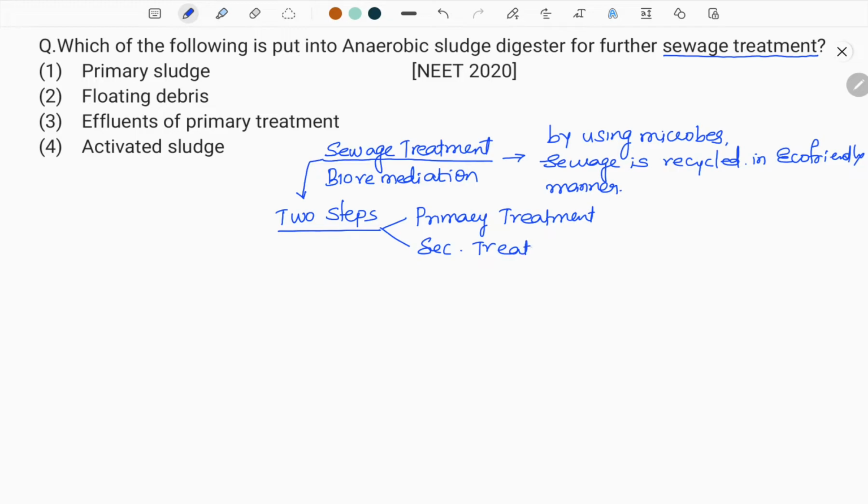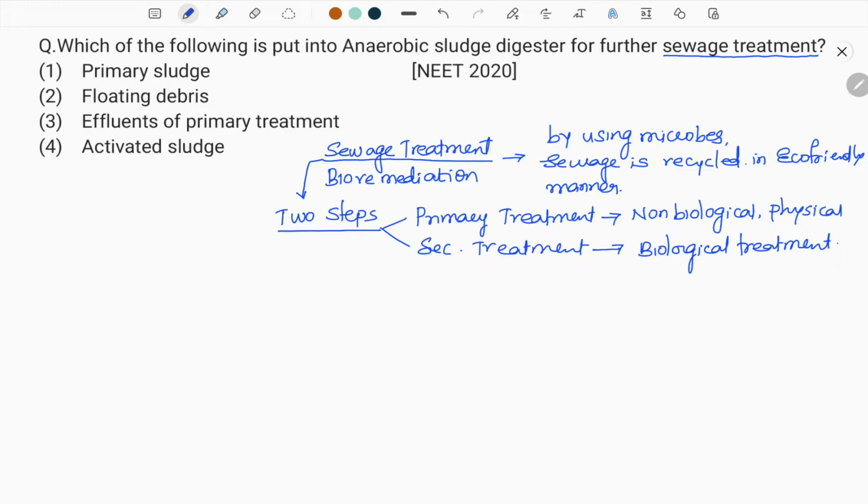What is primary treatment? It is non-biological, just a physical treatment, whereas secondary treatment is biological treatment. So the microbes are involved in secondary treatment but not in the primary treatment.